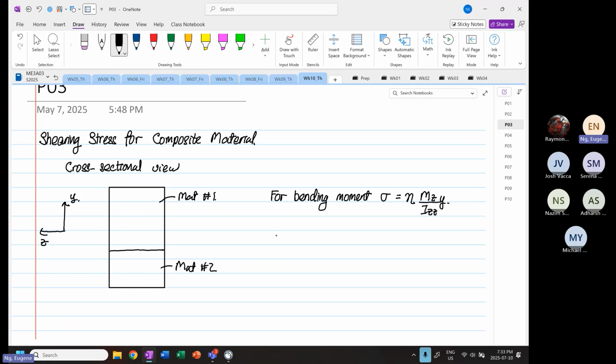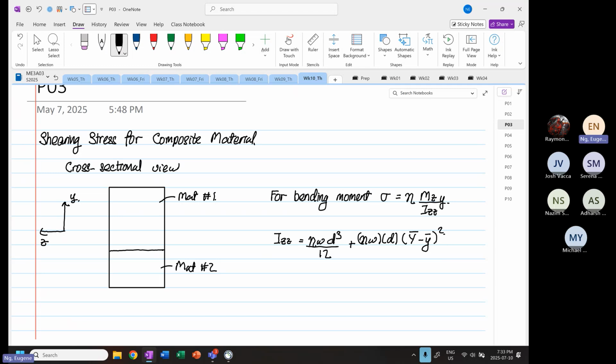And the Izz will be equal to n width depth cube over 12 plus n width multiplied by the depth, multiplied by y bar squared.